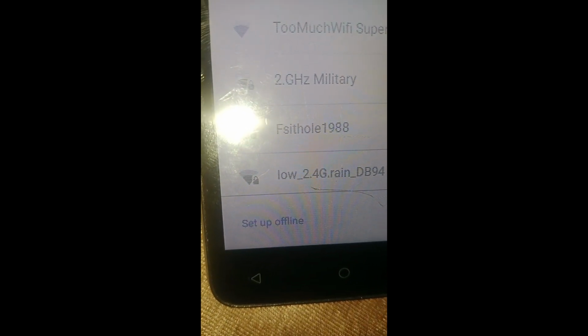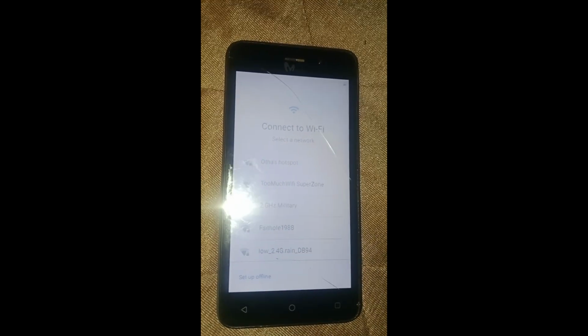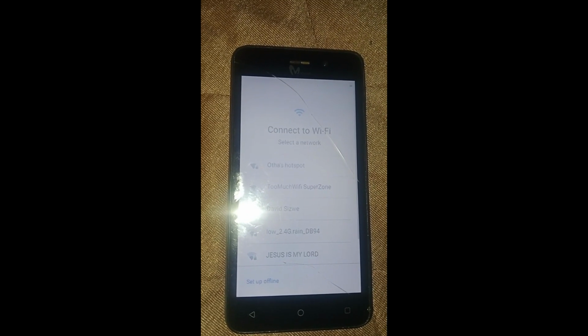You see, set up offline means that we did a hard reset of your Android phone, the Mobicel Switch Plus.